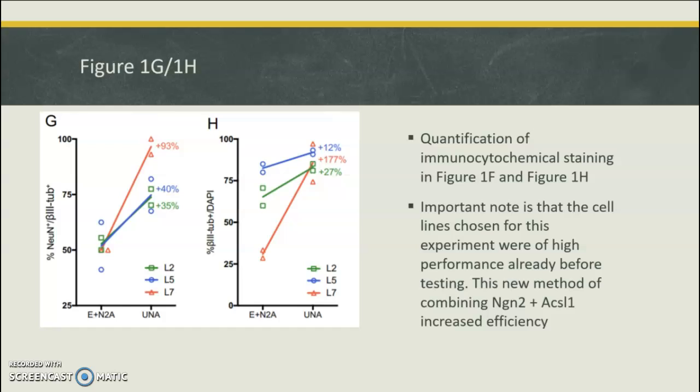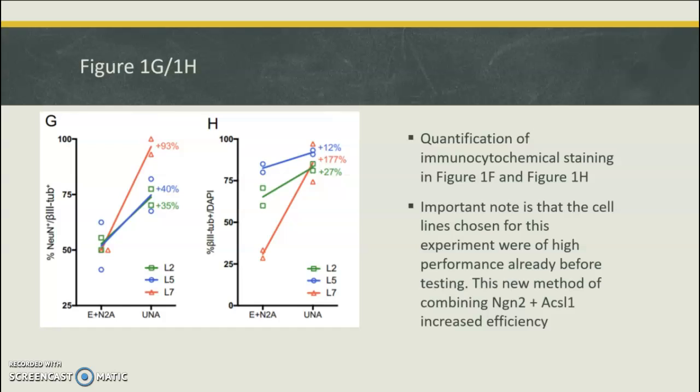And again, remember, these lines correspond to high performance, medium performance, and low performance of fibroblast lines. Interestingly, the high performance fibroblast line L2 increased more than previously shown by 37%. It is still dramatic for low performance cell line L7 by increasing efficiency by 93%.